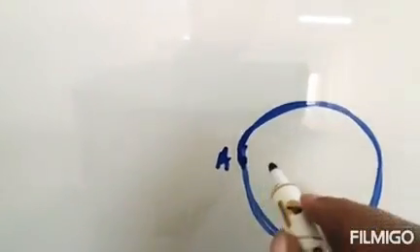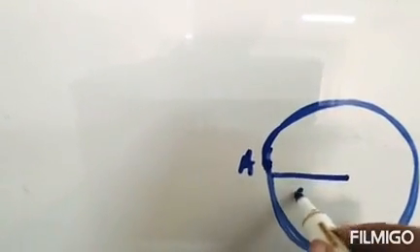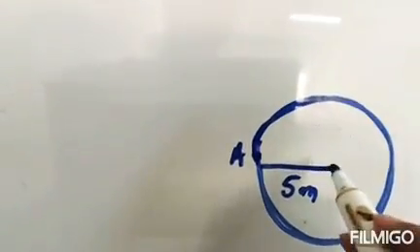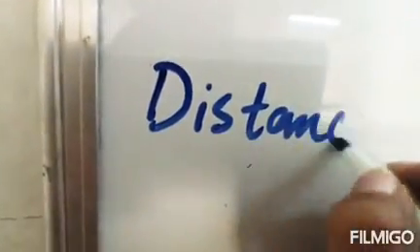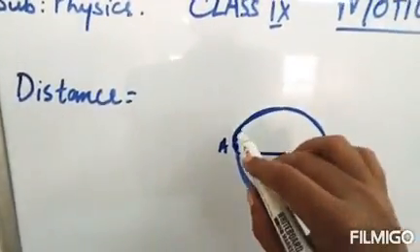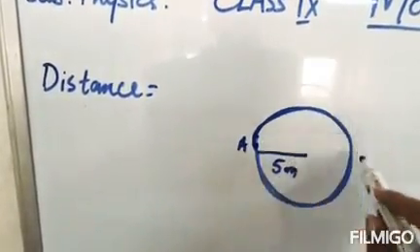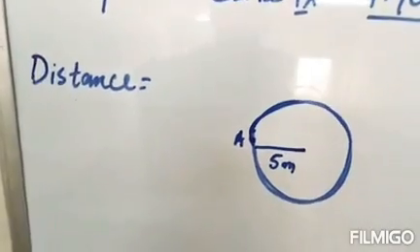Then what will be his distance? Suppose this is the center and the radius is 5 meters. So what will be the distance? Distance covered will be equal to the track he completed. This is a circle, so the track he completed is the circumference of the circle.